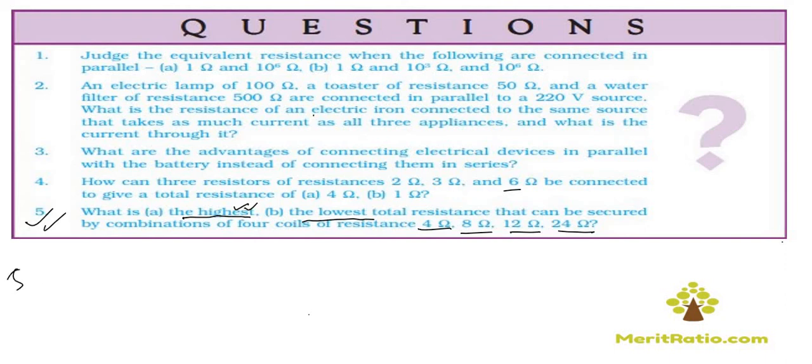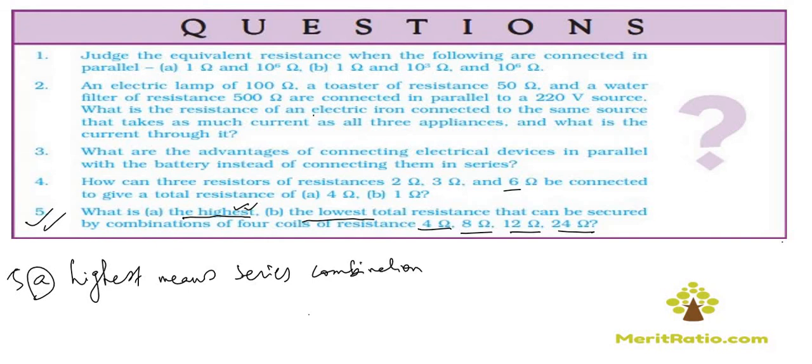Highest means the resistors are connected in series combination, and lowest means the resistors are connected in parallel combination. So in 5a, the value we have to obtain is the highest. Highest means all the resistors are connected in series combination.